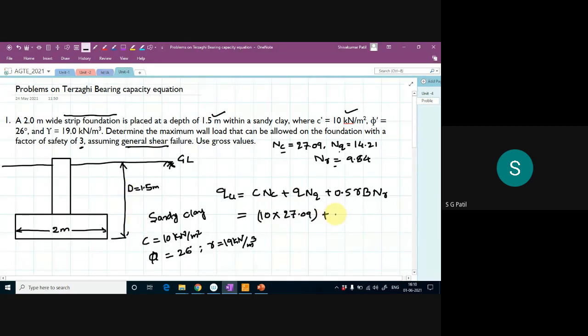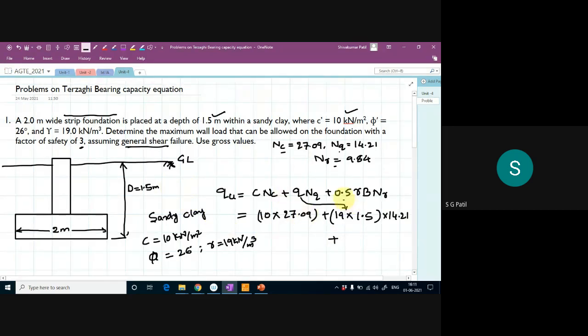Gamma is the unit weight of soil, 19, into the depth of foundation, 1.5 meter. Together this is my q value, into Nq, which is 14.21.